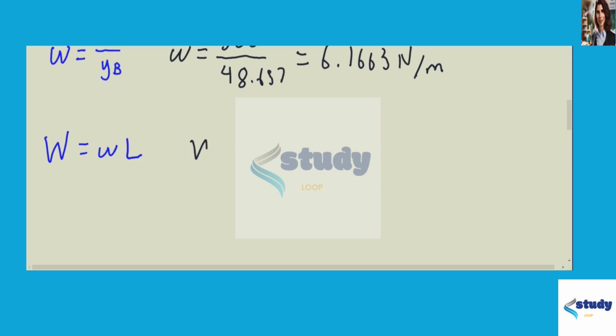So we plug in, then plug in the length, and this will give us a weight of 554.967 newtons.